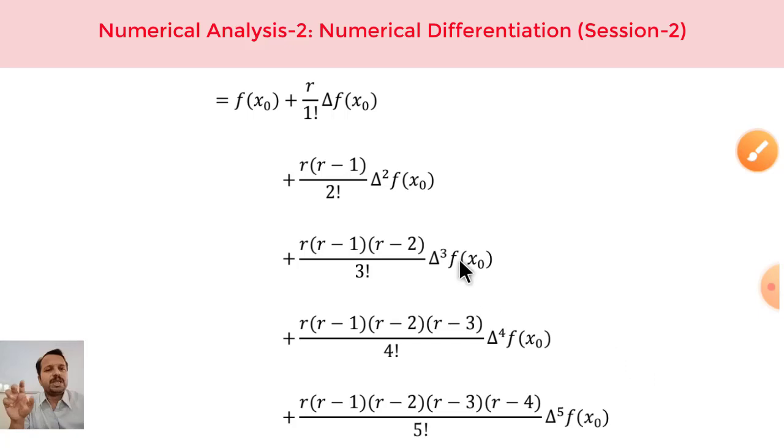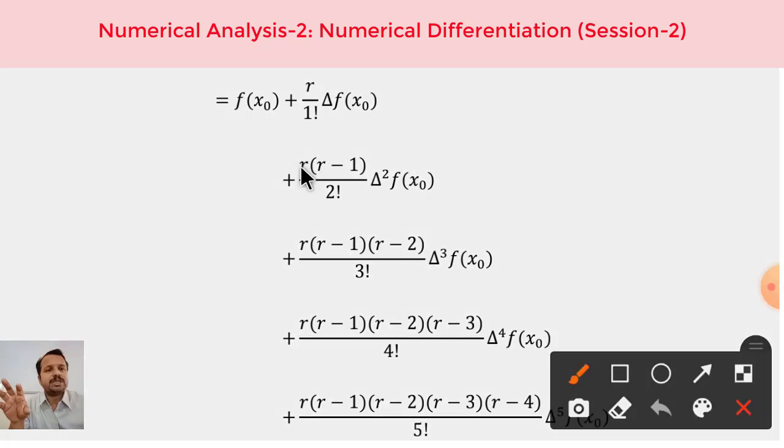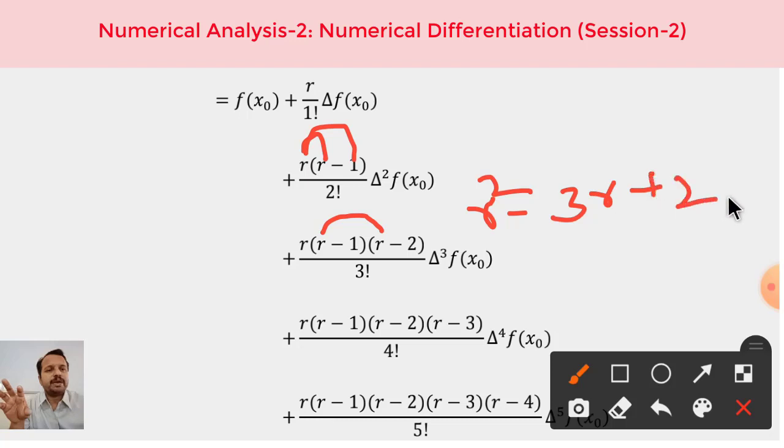Now with the help of this expression, we can simplify this. This will become r square minus r, and we can multiply these two brackets together to have r square minus 3r plus 2, and with that if we multiply r, we get r cube minus 3r square plus 2r.